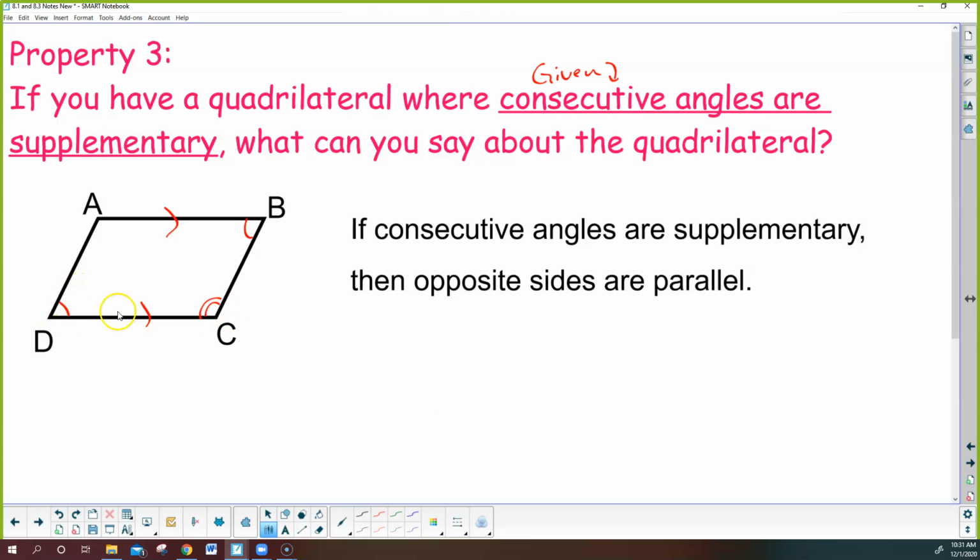And these are consecutive angles, so if they're supplementary, that means these two sides are also. So here, again, we proved that ABCD is a parallelogram. And it's all based off of the information that we've mastered, hopefully, from trimester 1.